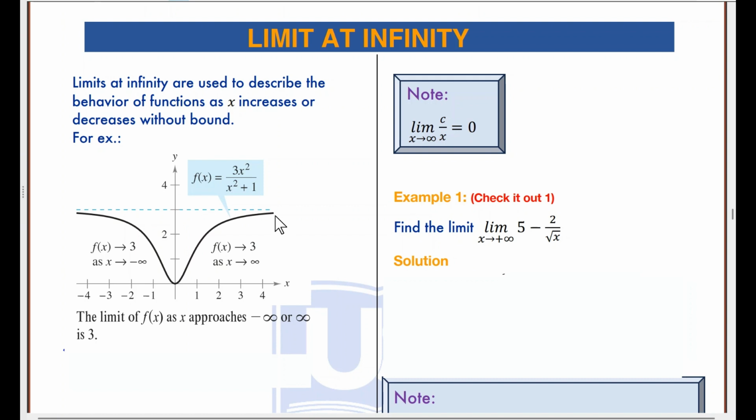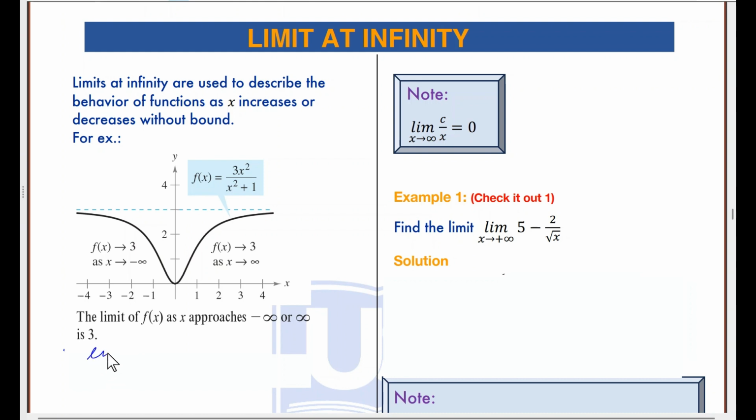For example, in this graph, as x values are heading towards positive infinity, the function is approaching this fixed line, y equals 3. As the x values are getting smaller and smaller as it goes to the left, the function is heading towards this fixed line, which is y equals 3.